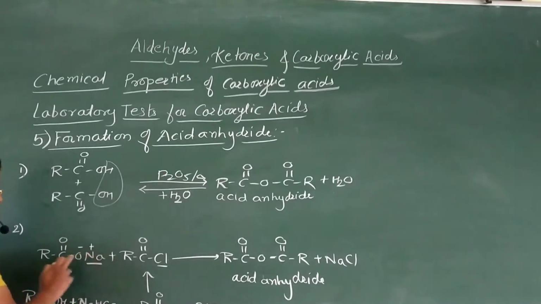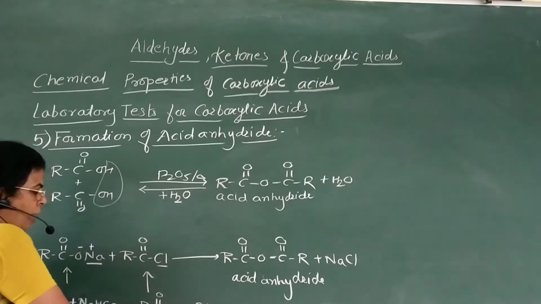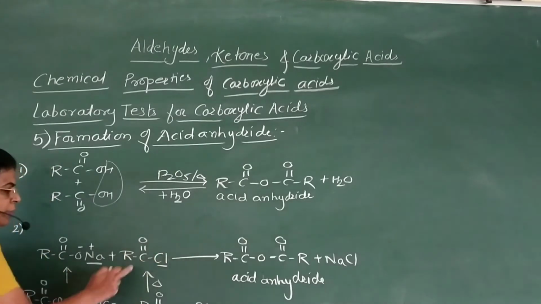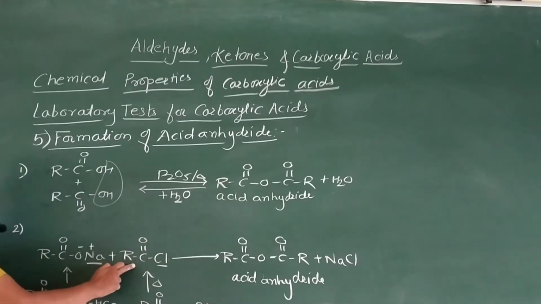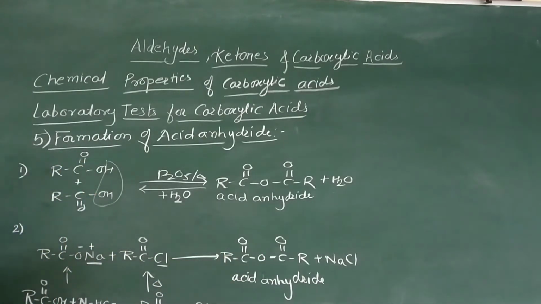That is, this sodium salt of carboxylic acid is obtained by the action of carboxylic acid and NaHCO3. And this acyl chloride is obtained by the action of RCOOH plus SOCl2. Heat this reaction mixture, you will get this acyl chloride. And these two undergo reaction to give acid anhydride.